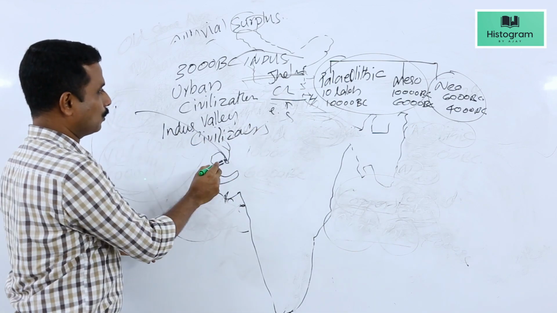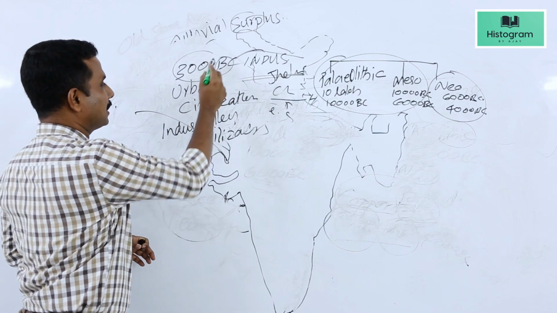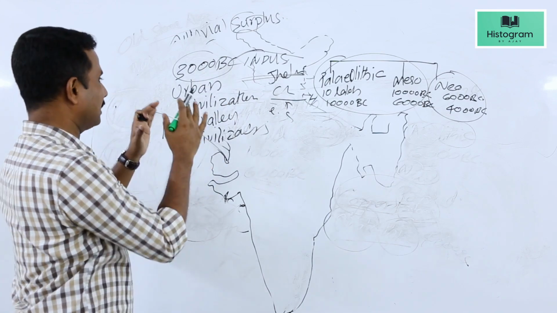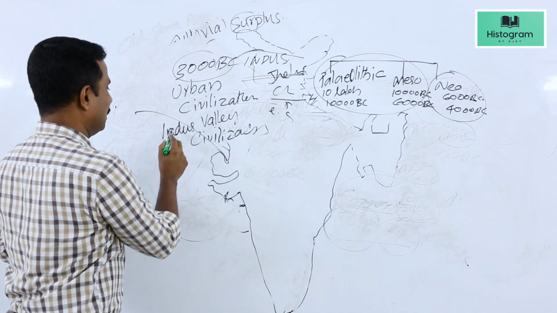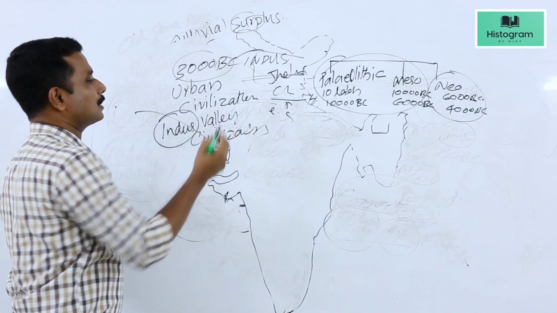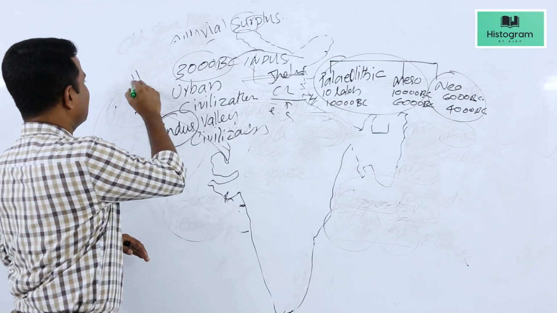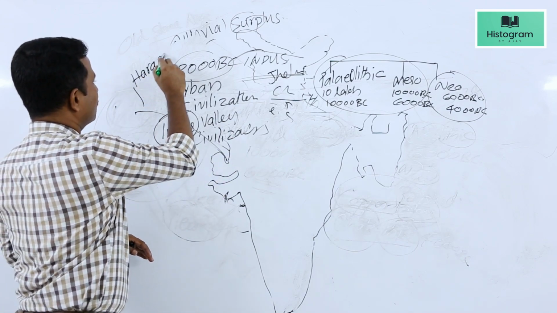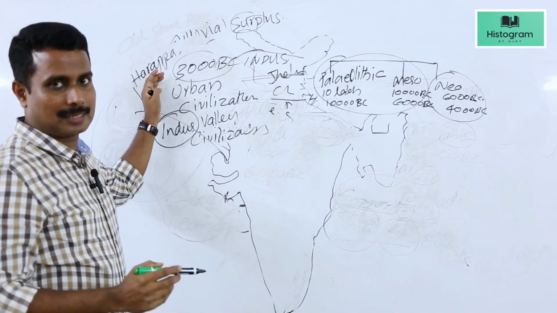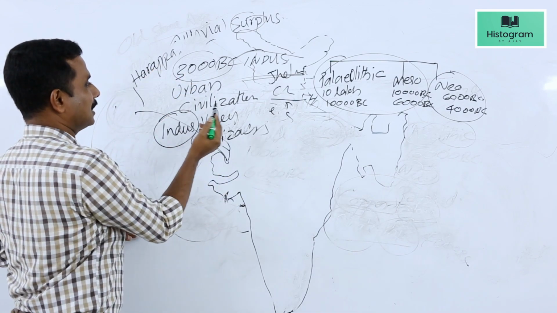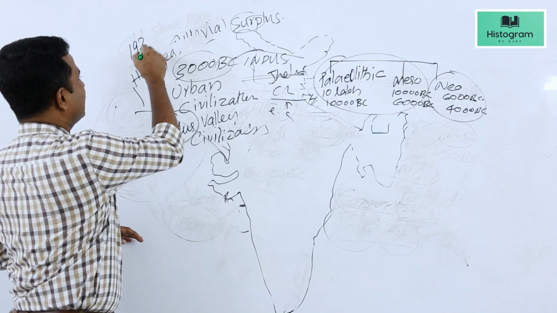In the northwestern part of India, by 3000 BC, a civilization that is urban in nature developed, which we call the Indus Valley civilization. This is also known as the Harappan civilization because Harappa was the first site of the Indus Valley civilization to be discovered, in 1921.